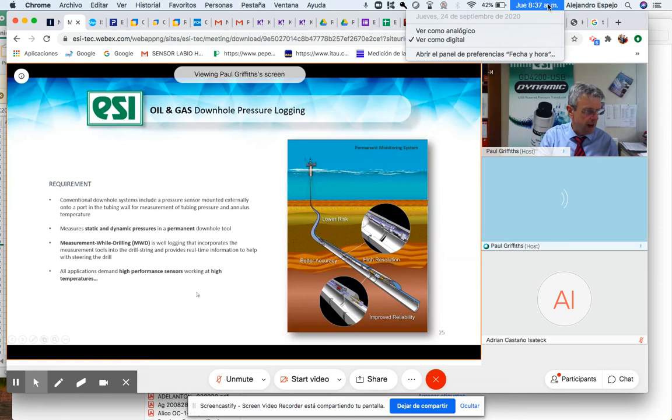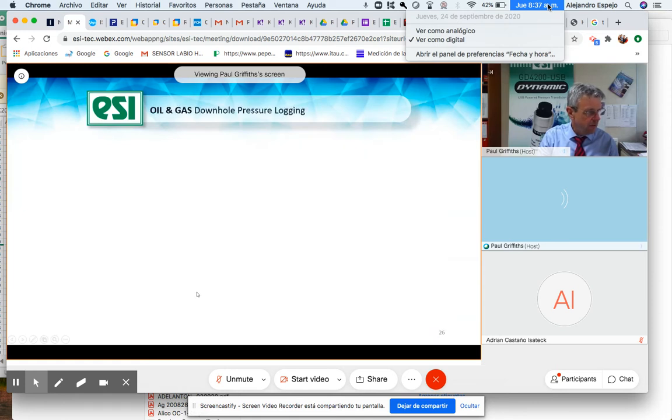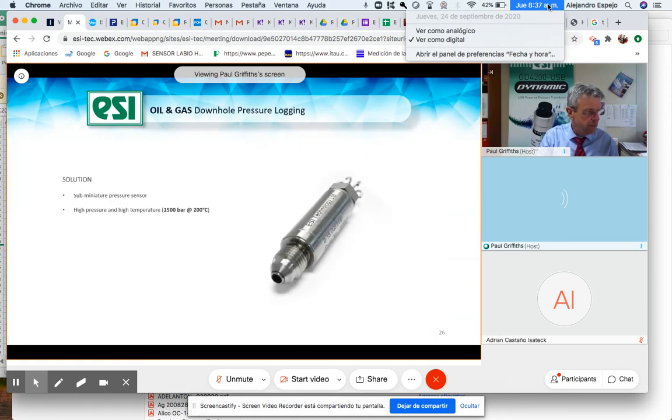But the conditions are really bad. They're usually very, very high temperature.